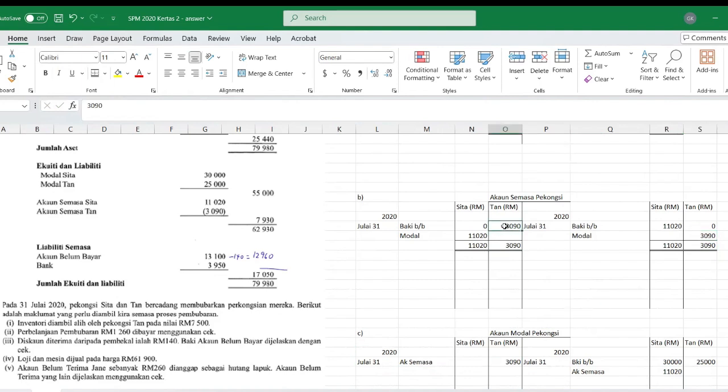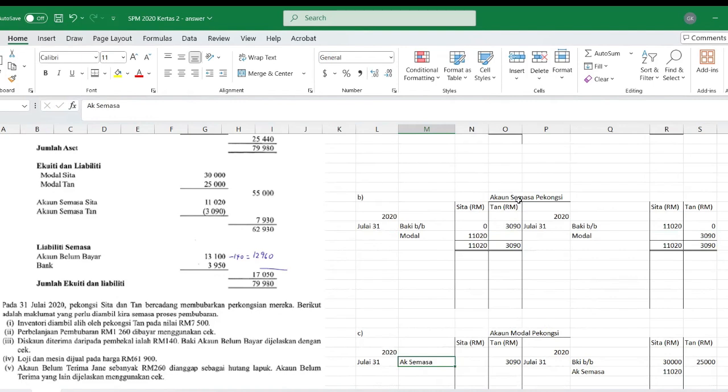Account semasa TAN originally has a baki bawah-bawah on the debit side. That means TAN has taken more from the partnership. Okay, so to close this account semasa, we credit account semasa Perkongsi TAN and debit account modal TAN. This will reduce the modal by TAN in the partnership.